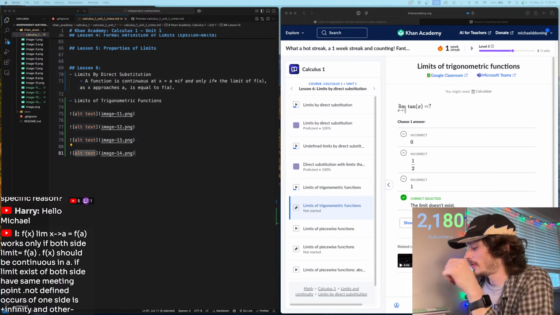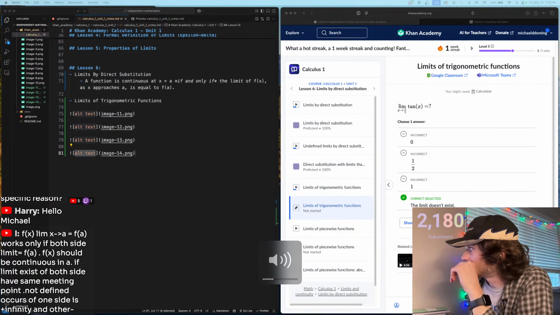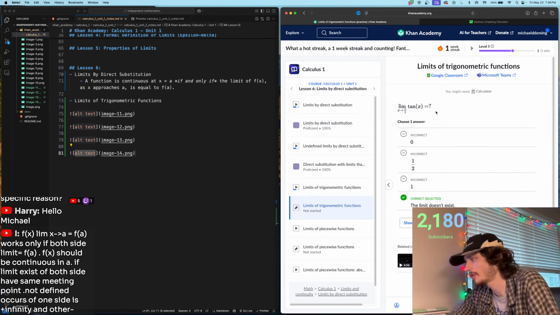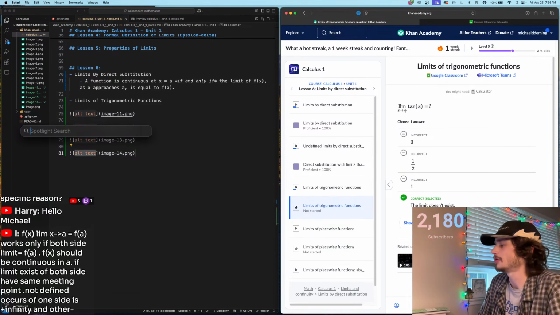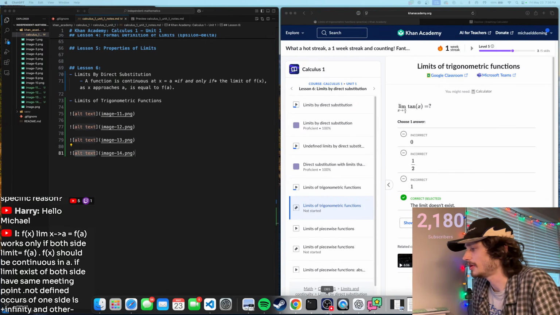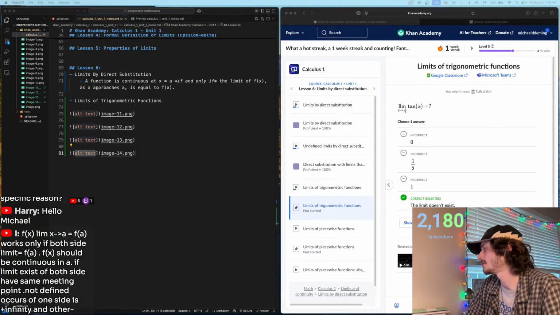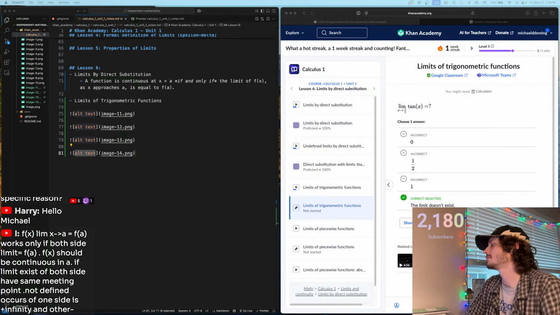Now, is there a better way to be doing these than just graphing them on Desmos? Can we figure these out by hand somehow? That's what I want to know. Let's go to the almighty orb here. Let's ask it. I am trying to teach myself calculus and am learning about limits of trig functions.